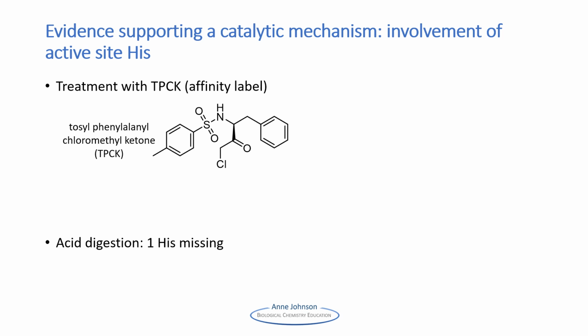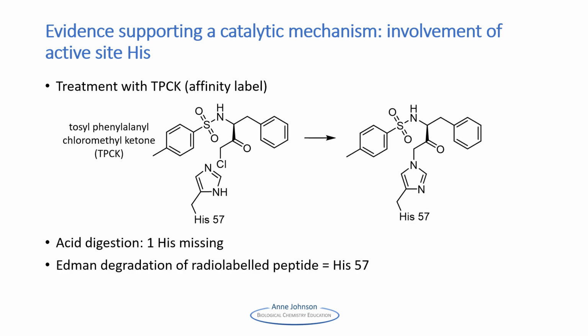Acid digestion of the inactivated enzyme revealed that the reactive residue was histidine, and sequencing indicated that this reactive residue was histidine 57. No other histidine residues reacted. These results are consistent with earlier work on the pH rate profile of the enzyme and X-ray crystallography work done later.